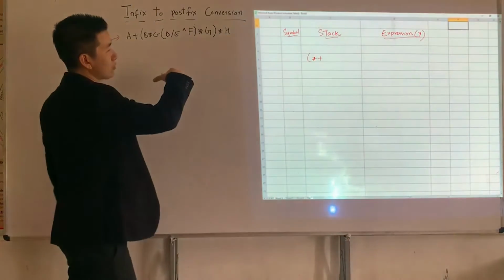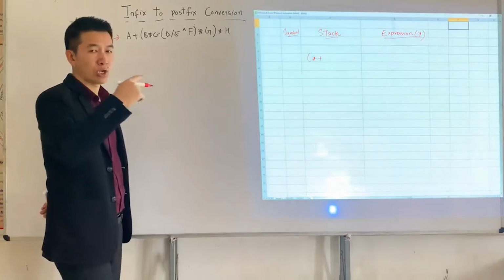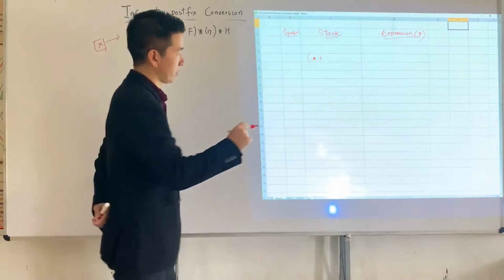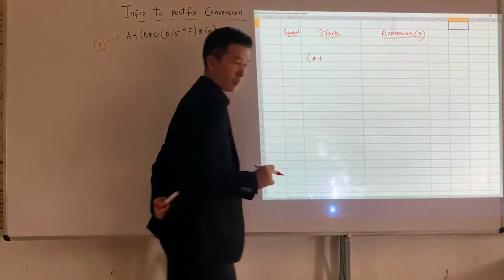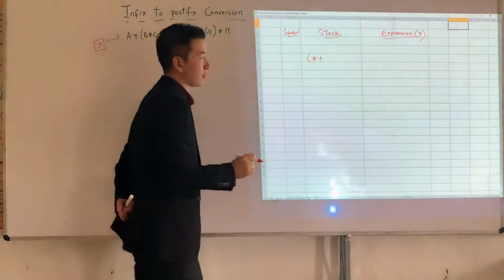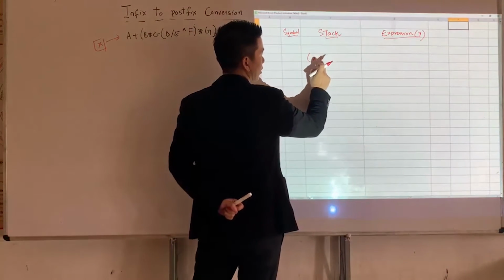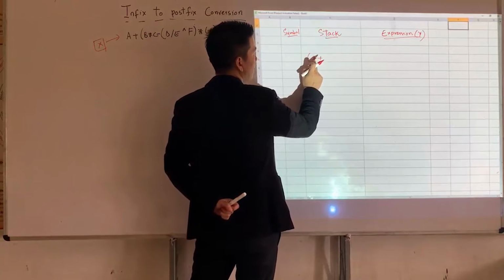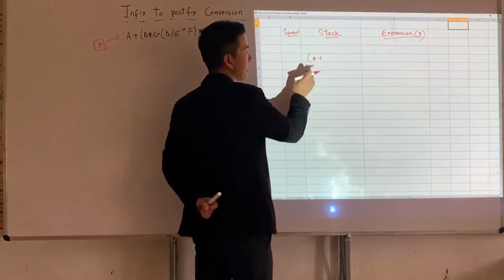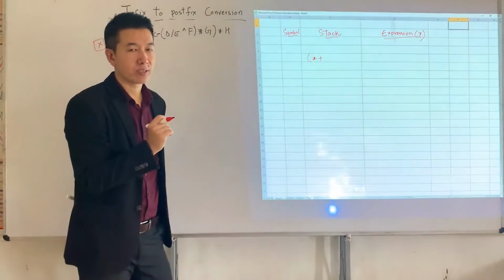Let's say now the next symbol or the element is the closing parenthesis. If you come across the closing parenthesis, don't push it onto the stack. Don't add it to the stack. Rather, I'll have to pop the operators one by one and then have them added to the expression until the opening brace is encountered.